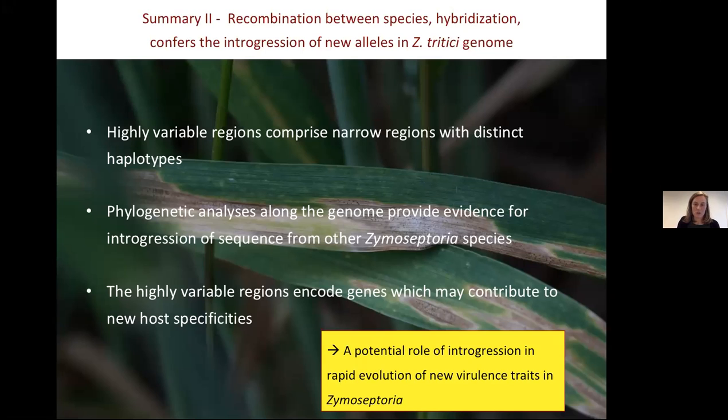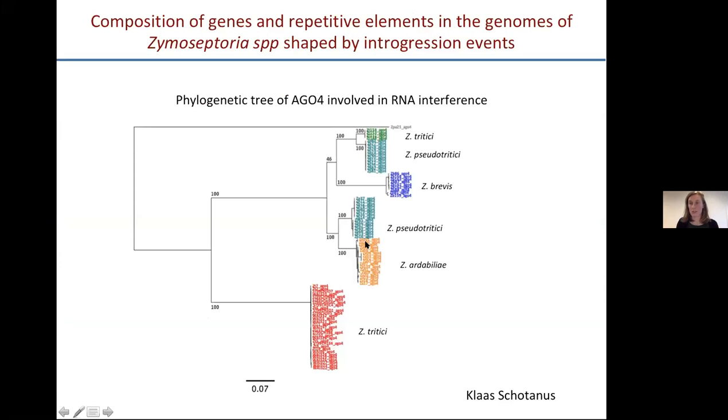And I just want to say lastly that in some of the genes that we study that come up from other studies, we do occasionally see the signature of this introgression. Klaas Jotanos worked with me some years ago on the role of RNA interference, and he looked at different genes encoding Argonaut proteins.